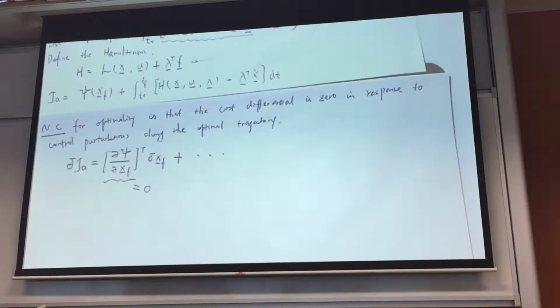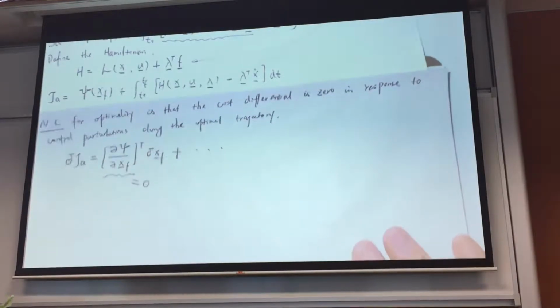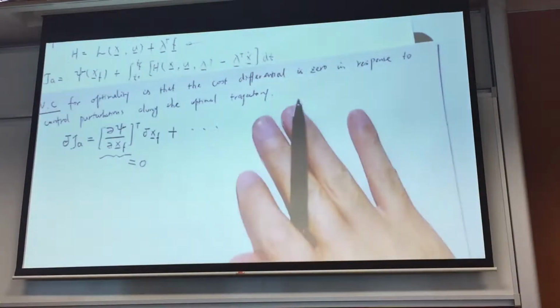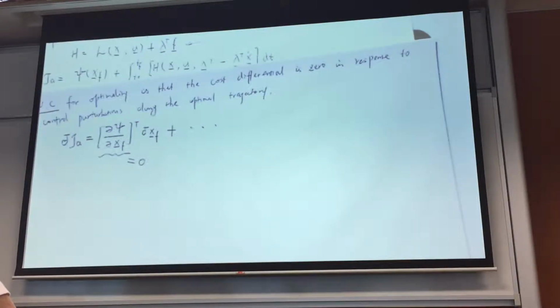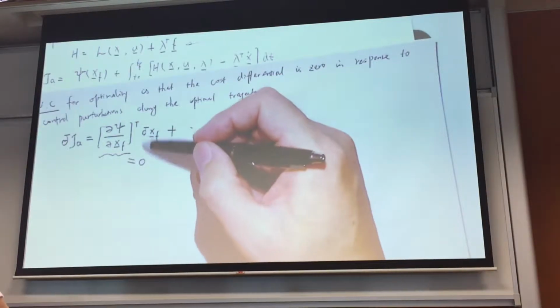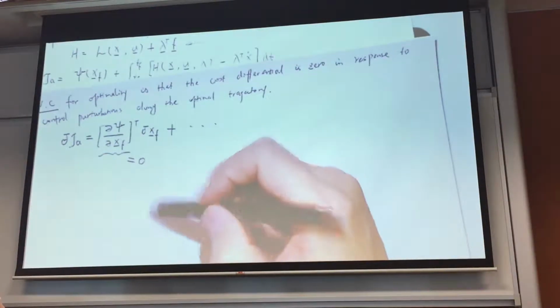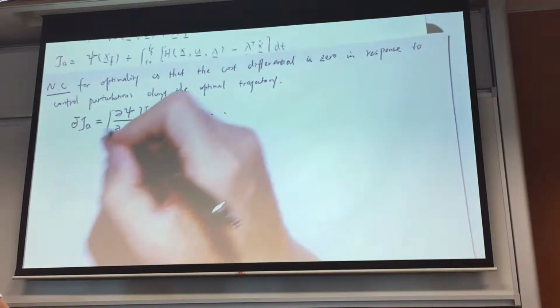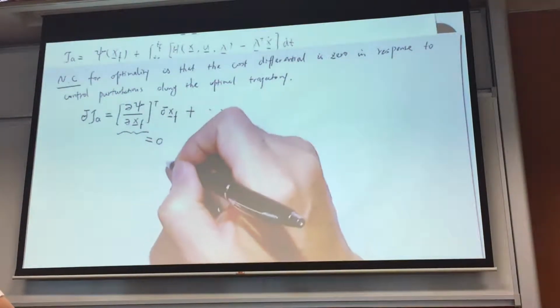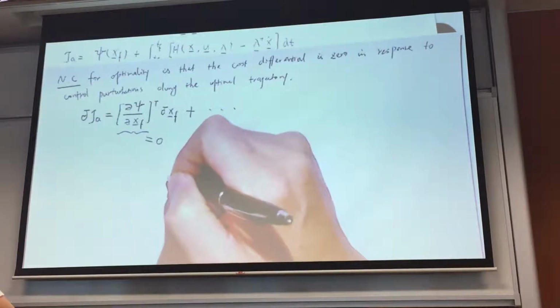This will give you all the necessary conditions. Here I will not give you all the details of the derivation again. I just reveal the necessary conditions that we derived before.